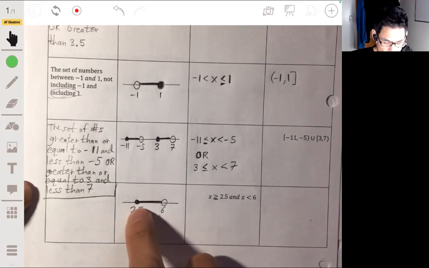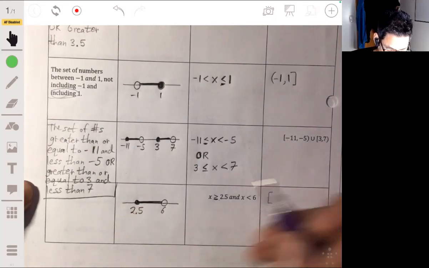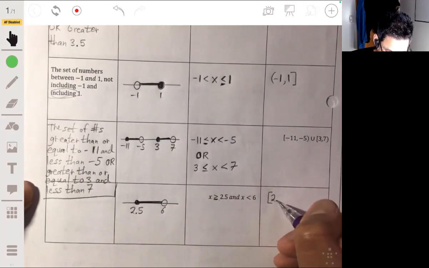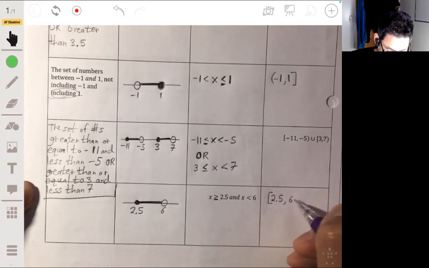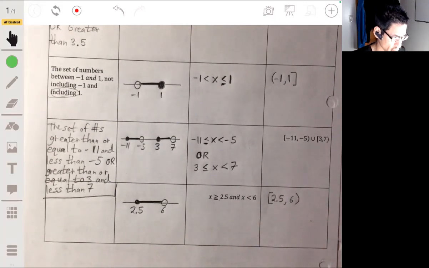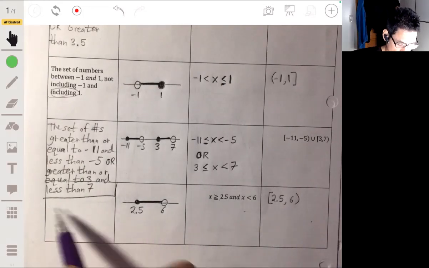Now with interval notation, we're going to have a bracket on the left, 2.5, comma 6 with parentheses. And then we just write this in words.